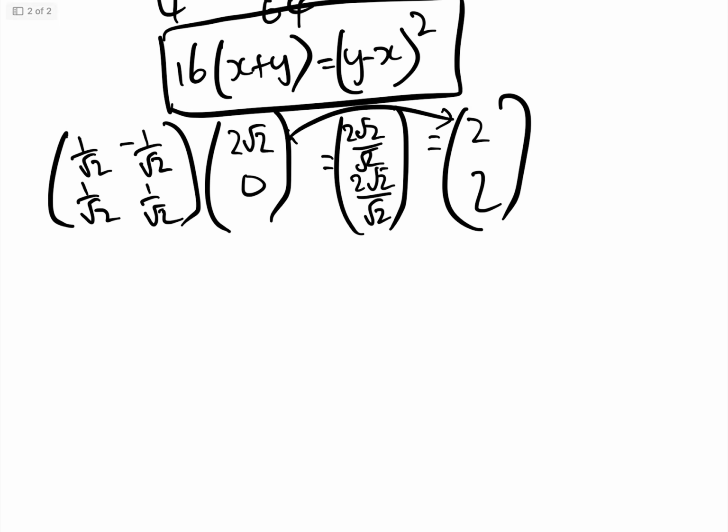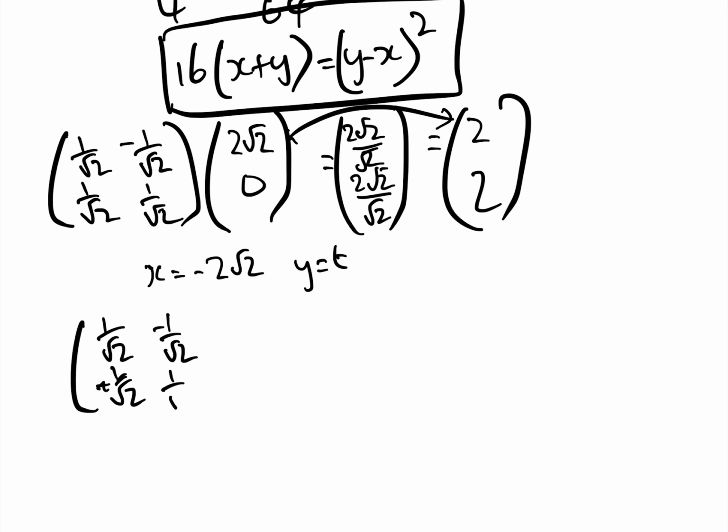And let's just have a look at the directrix. Well, the directrix was x equals minus 2 root 2, so that would have parametric coordinates of x equals minus 2 root 2 and y equals t for any t. So let's put that through the matrix: 1 over root 2, 1 over root 2, minus 1 over root 2, 1 over root 2, times minus 2 root 2, t.